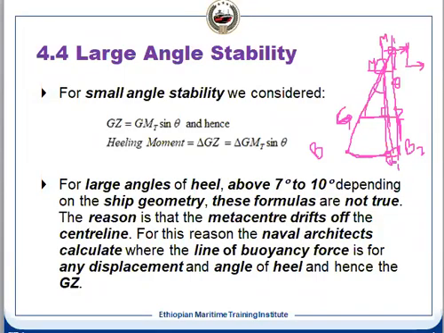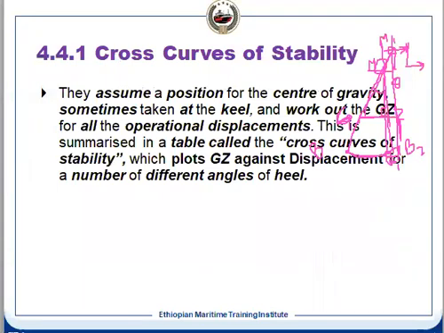That can be plotted against the displacement on a curve, and that is the reason this curve is made: the cross stability curve. When the naval architects make this cross stability curve, they assume a CG. That CG might not be the actual correct CG, but they assume a CG.